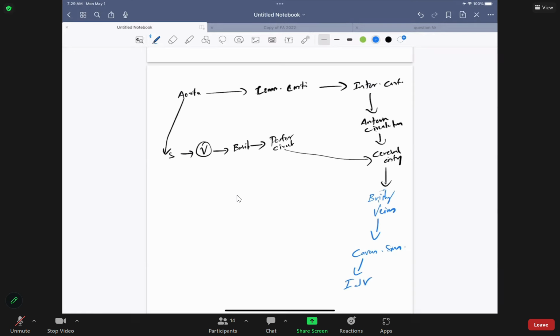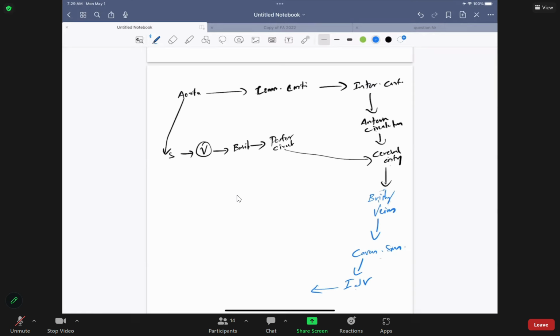From the cavernous sinus, you have the internal jugular vein that originates. I repeat: cerebral artery to bridging veins, bridging vein to cavernous sinus to internal jugular vein. Where does the internal jugular vein go? You guys know this from respiratory. Come on.